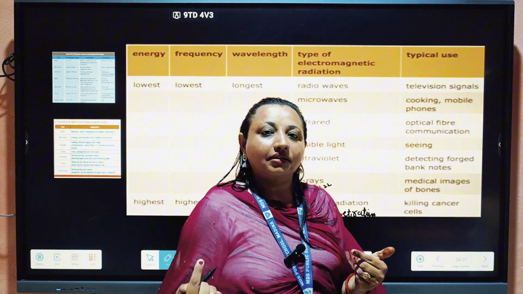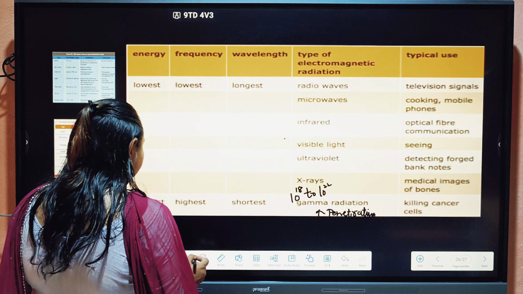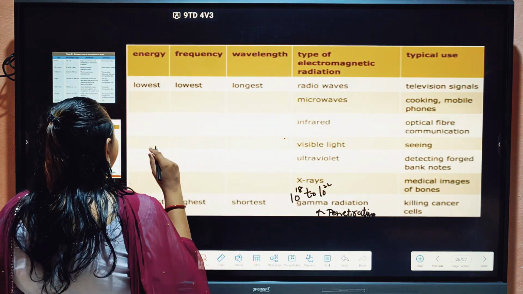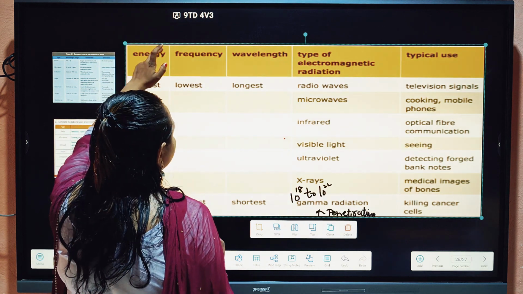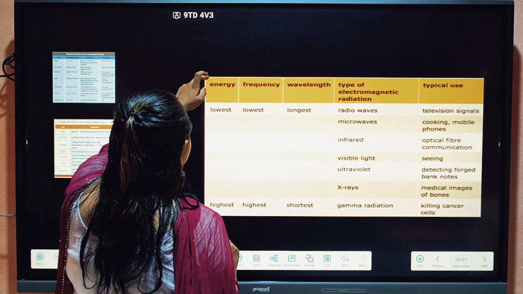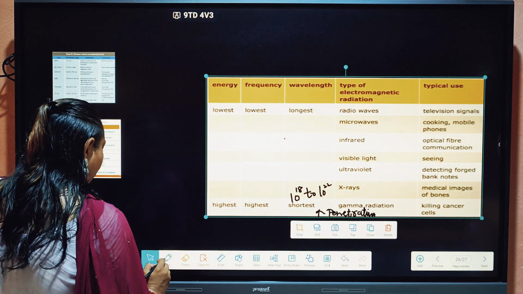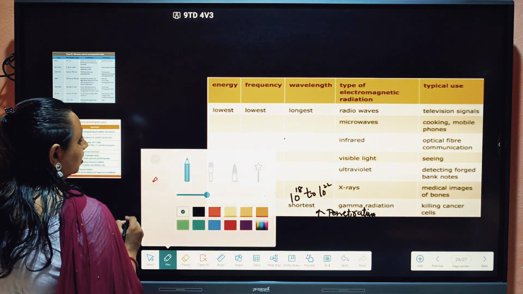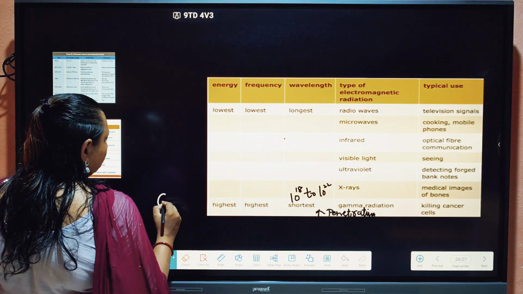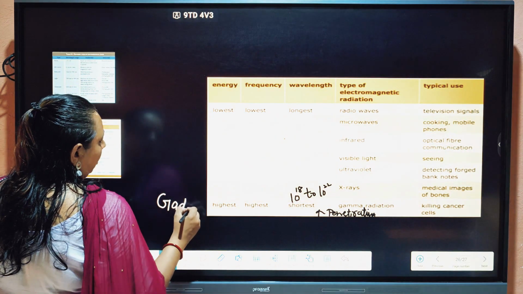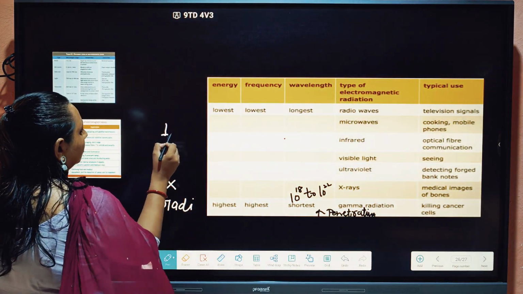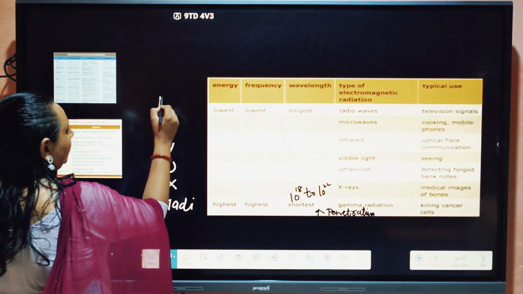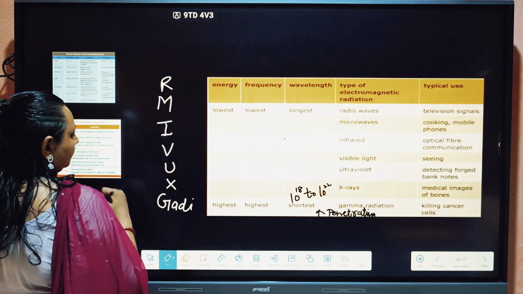How can we remember them? We can remember them by writing: Gaudi XUV in my range.